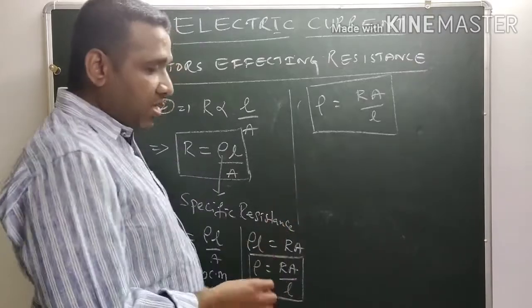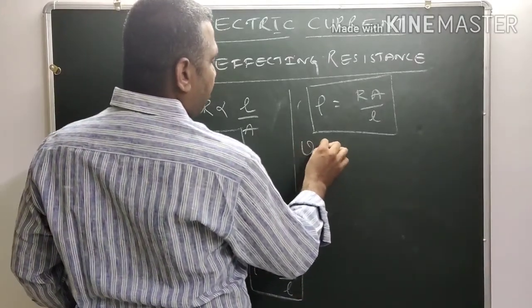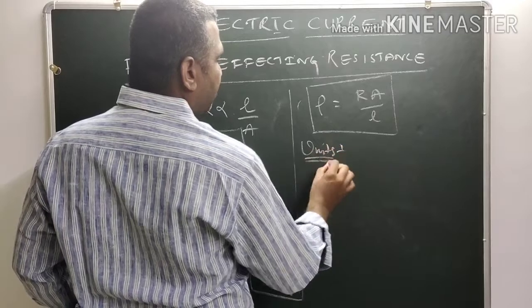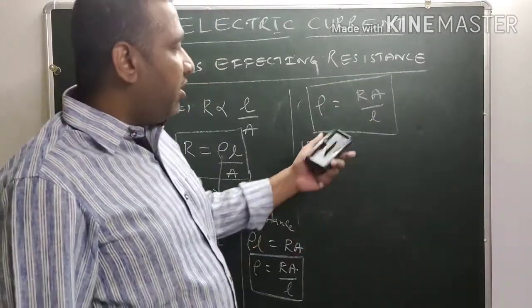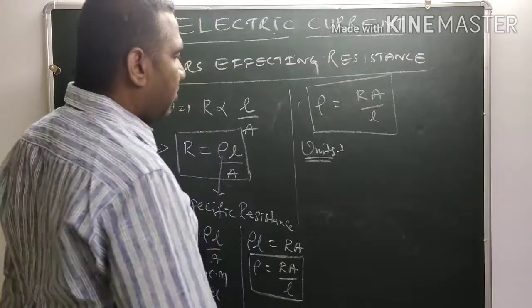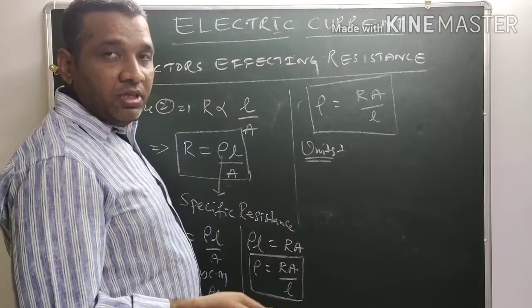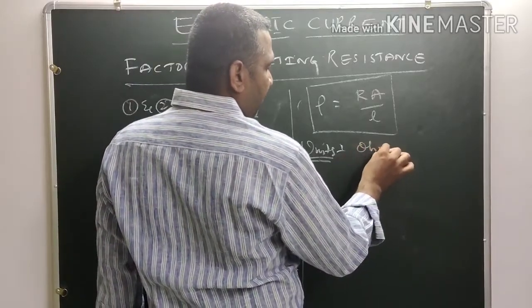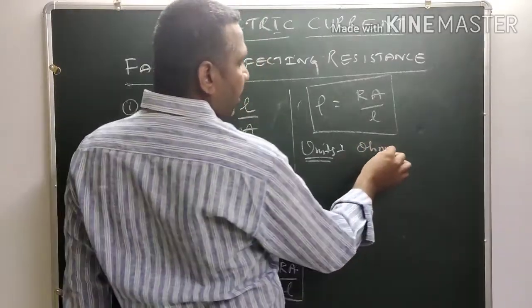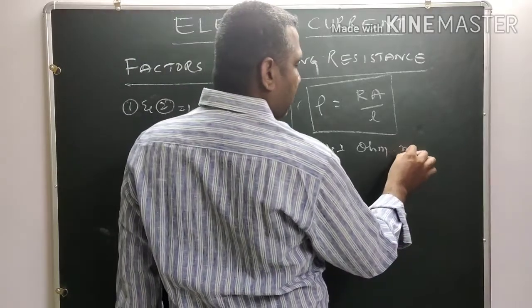Now we'll see what its units are. Whenever you are going to write its units, you can take them from its formula. Units can be written from the formula itself. So resistance, as we discussed before, the measuring unit of resistance is ohm. The measuring unit of area is meter square.